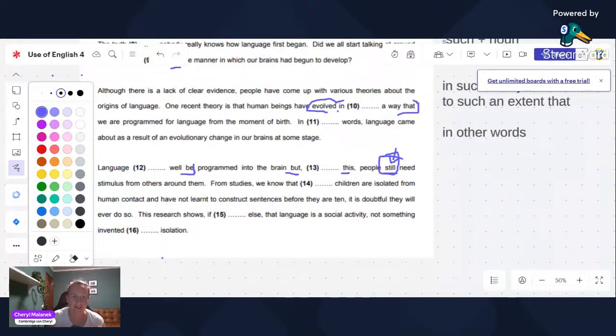It's saying perhaps this is the only thing it shows. It might not show anything else, but maybe it shows this, if nothing else. Or you could say "if little else," less commonly. But you have to learn it as a fixed expression. So: if nothing else, a fixed expression.